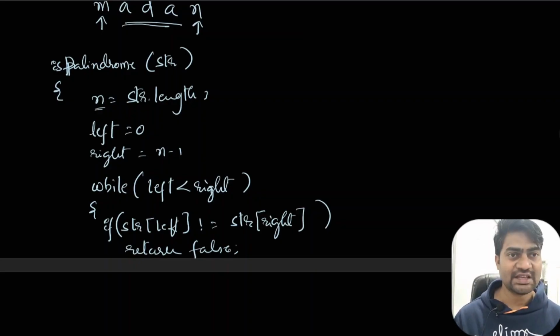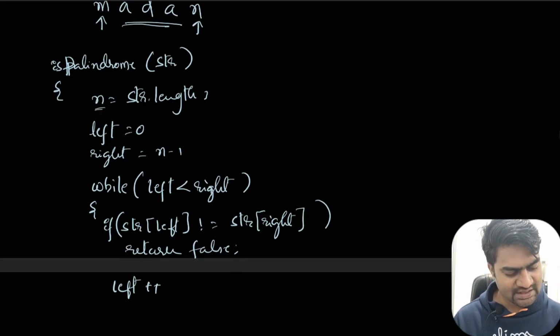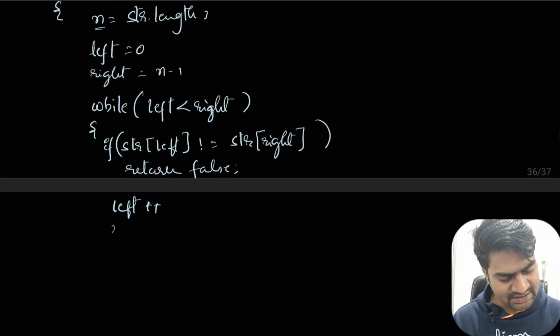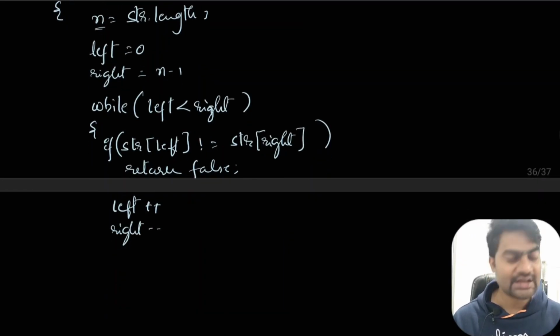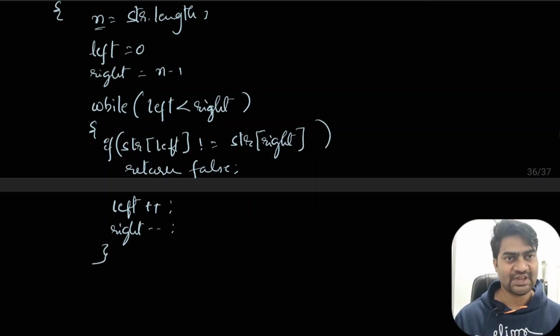If that is not the case, I will increase my left pointer and decrease my right pointer by 1. So these two do that, and I will close this loop.